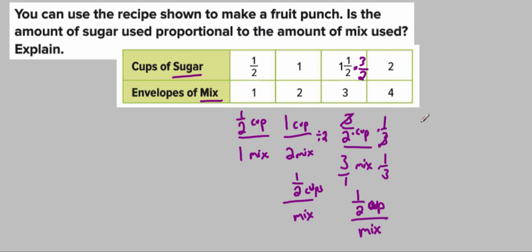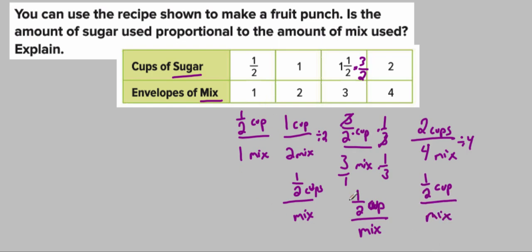And then my last one, 2 cups of sugar for 4 packets of mix. Again, divide by my denominator. 2 divided by 4 is 1/2, or 0.5. So I would get 1/2 a cup per packet of mix.